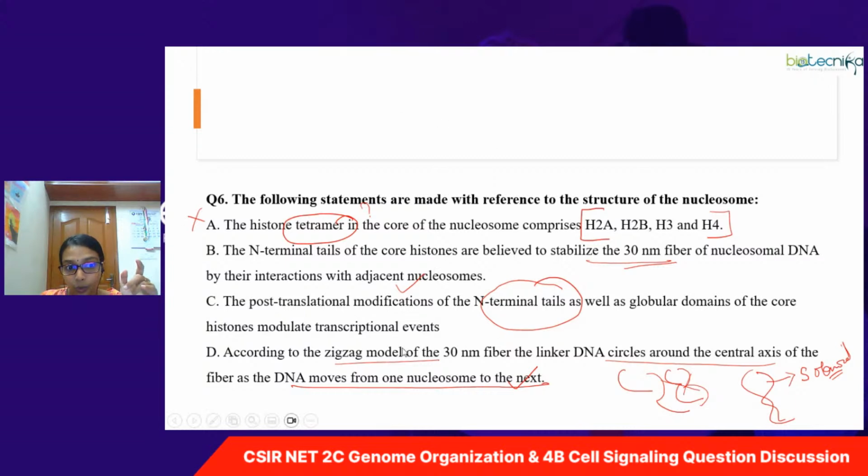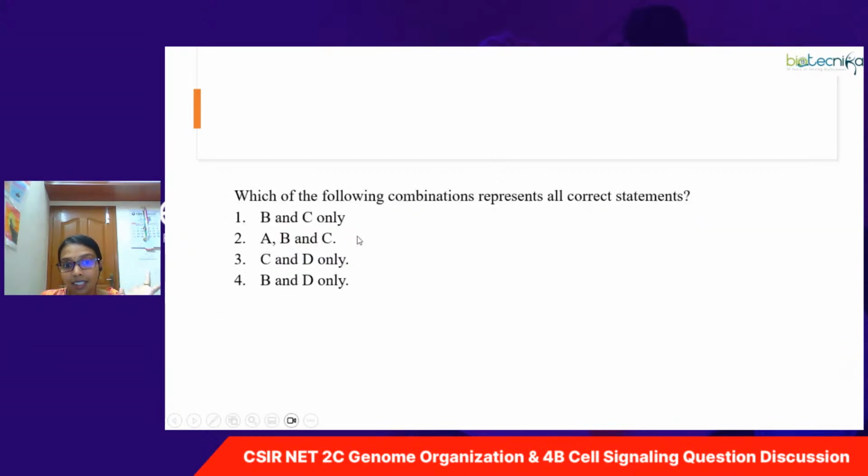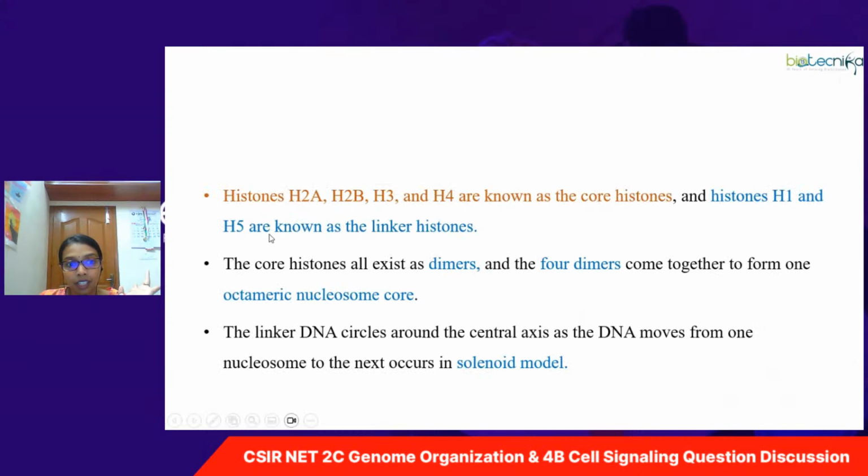So when you read the question, read the statements carefully. Clearly tetramer is written, but we know that it's an octamer, so you can eliminate it easily. Histones H2A, H2B, H3 and H4 are known as core histones. Core histones exist as dimers, and 4 dimers come together forming an octameric nucleosome.